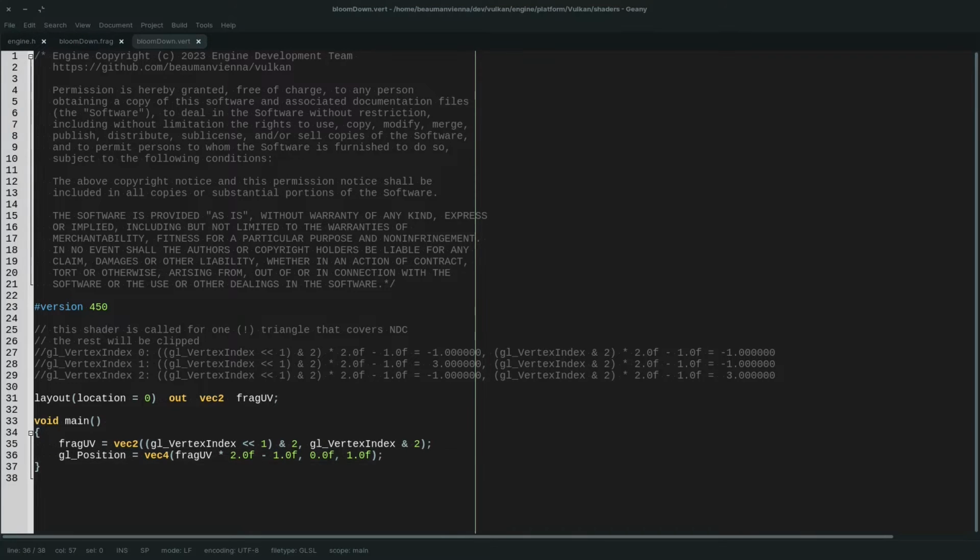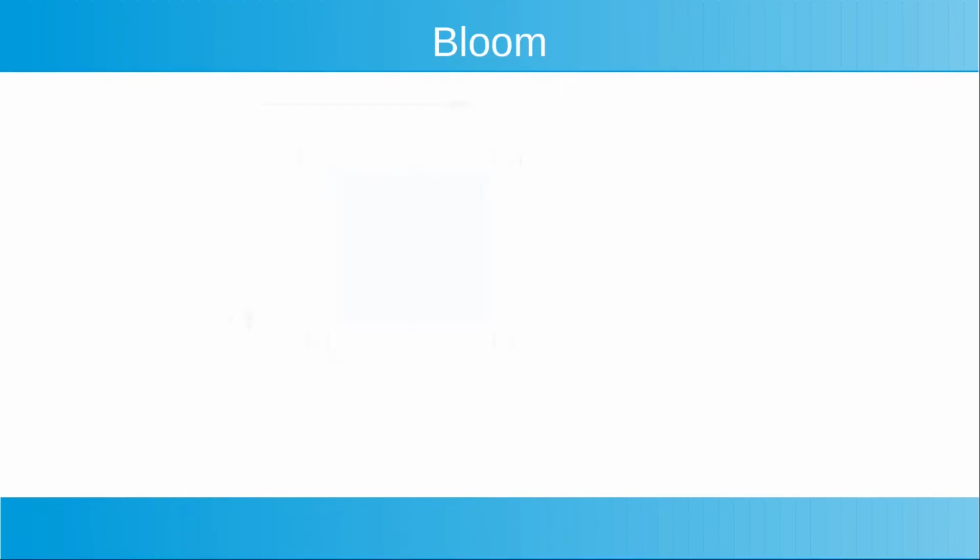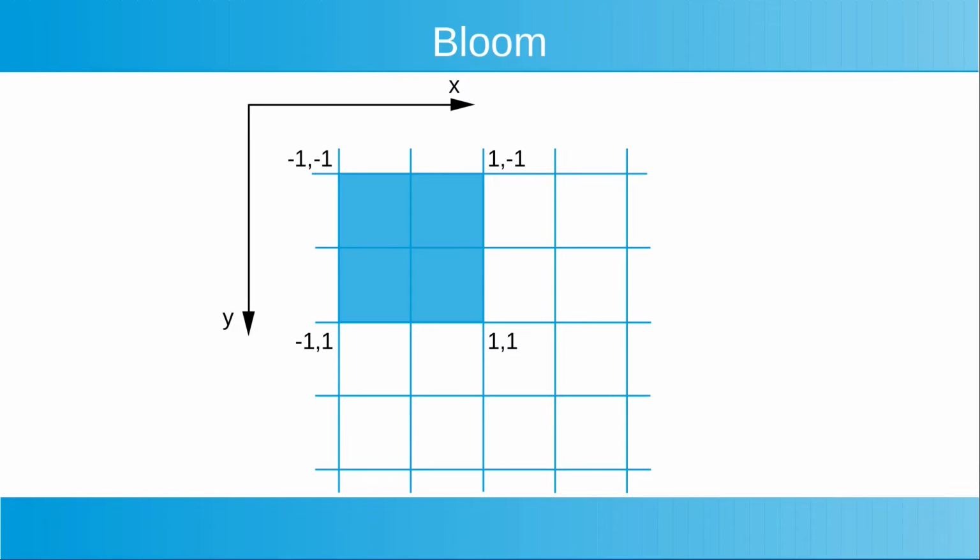For that, we use the vertex shader intrinsic variable gl_VertexIndex. The triangle that we draw spans the entire normalized device coordinates, or NDC. So to downsample or upsample, we want to render a quad that spans the entire NDC.